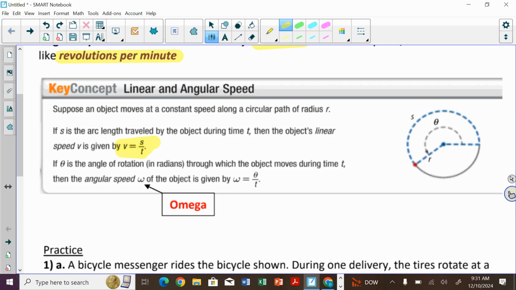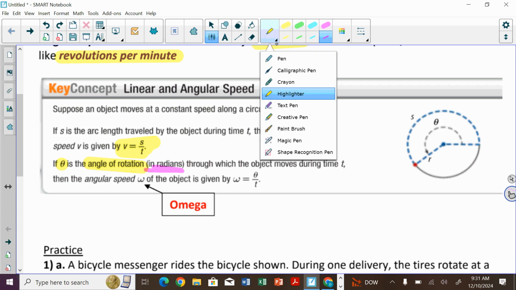Then if theta is the angle of rotation, and again we point out that this has to be in radians, through which the object moves in time t, then the angular speed looks like a weird W. It's a Greek letter that stands for omega.